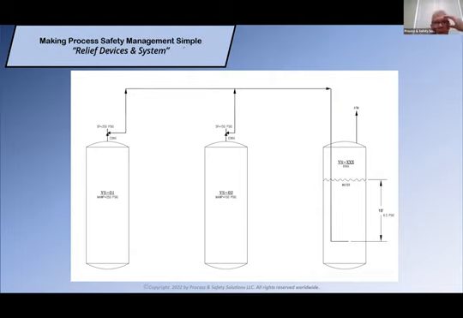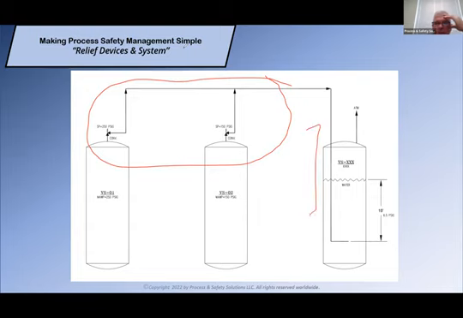So in this particular case, I have 3 vessels. So these 3 relief valves are relieving into, this is a typical dump tank. So everything from these relief valves relieves into this tank full of water, and then it's absorbed in the water and then comes out to the relief vent on the atmosphere.